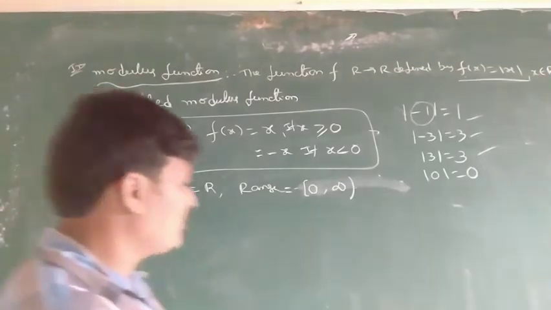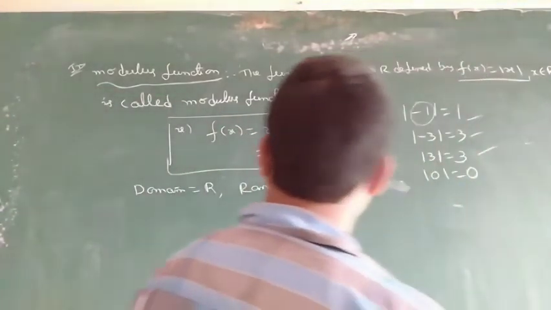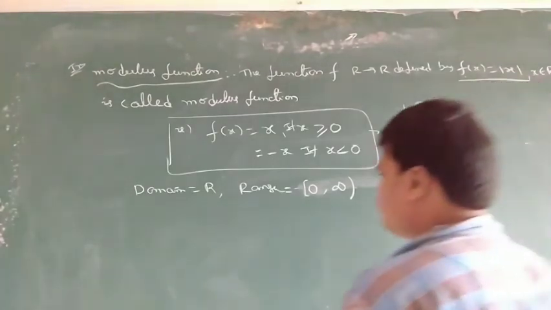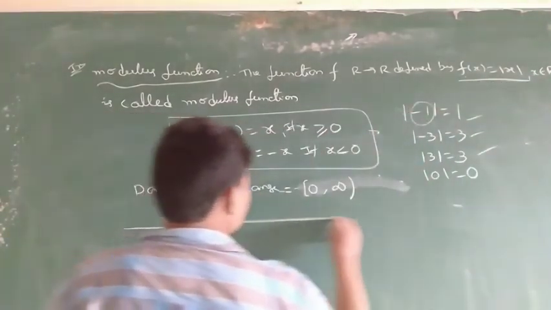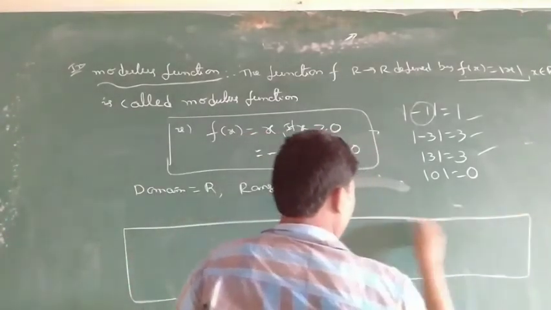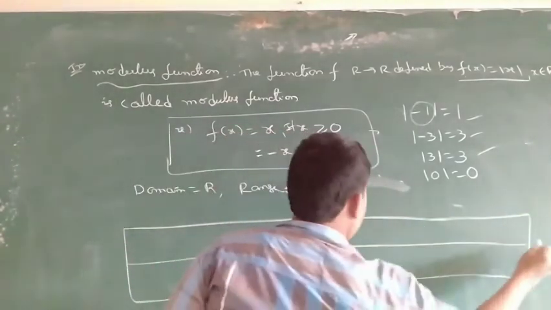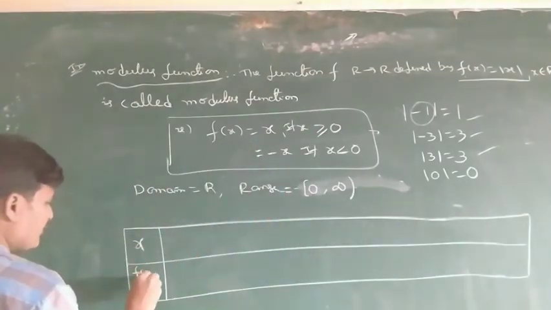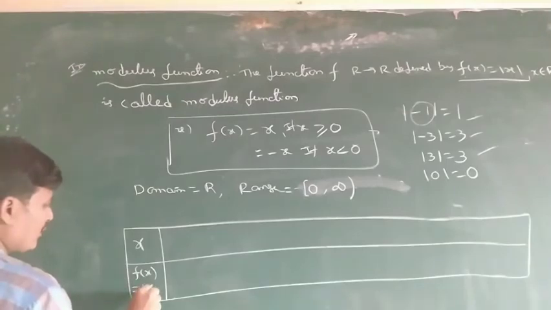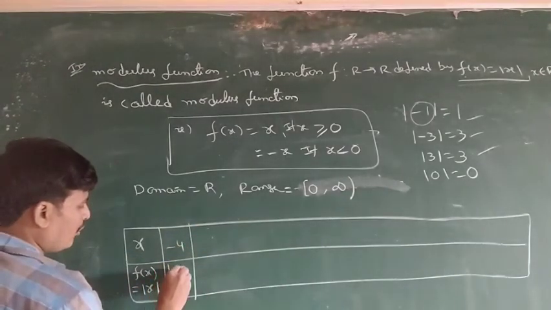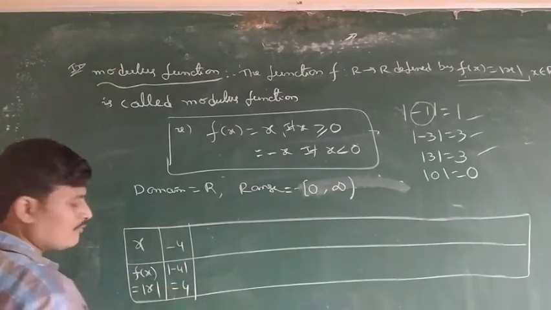Graph, draw the graph. First the table. x, f of x is equal to mod x. Minus 4, mod of minus 4 is equal to 4.